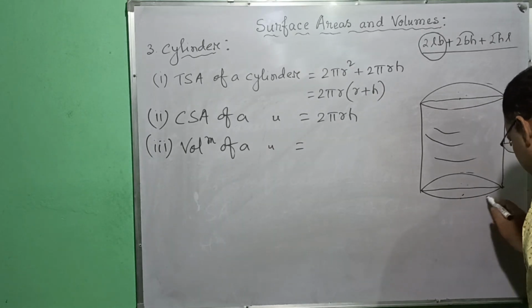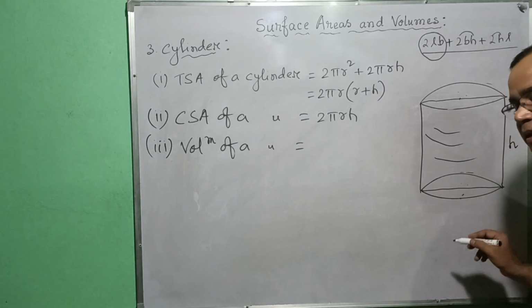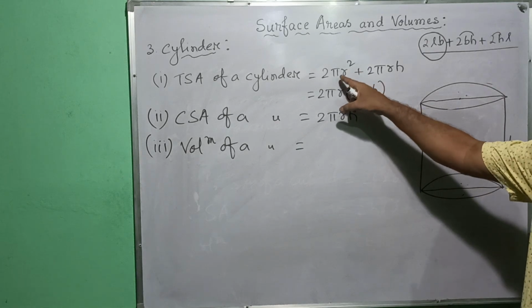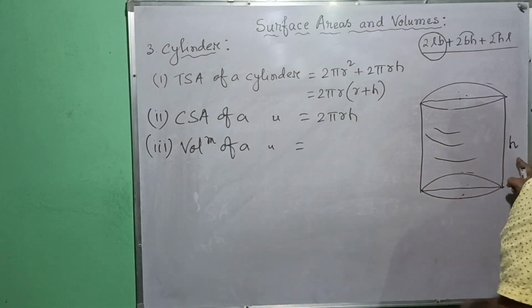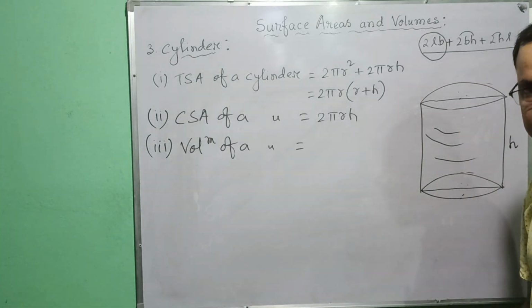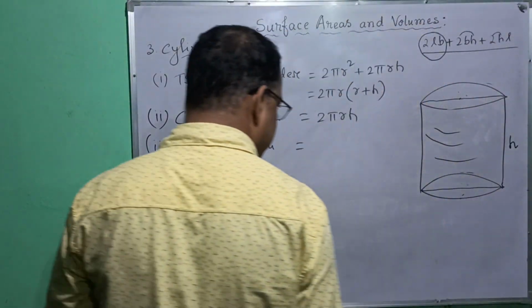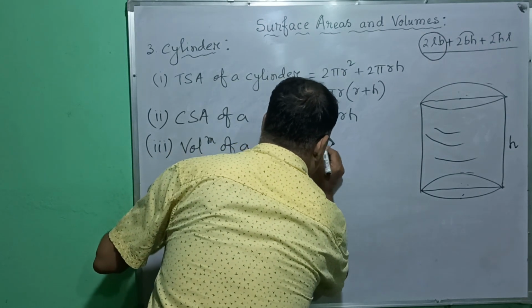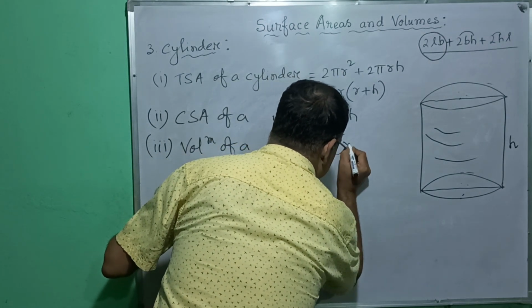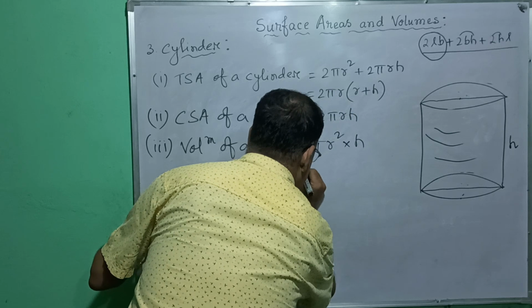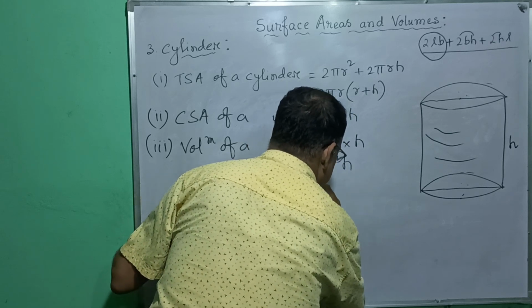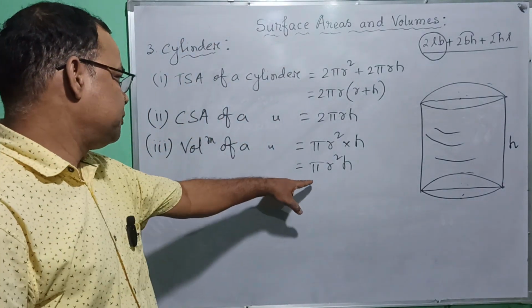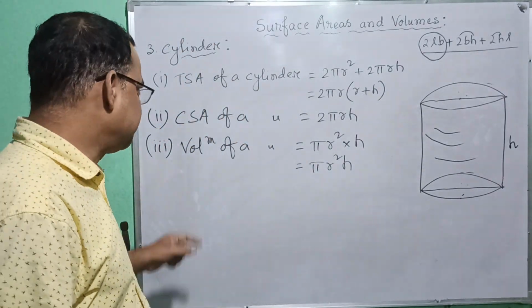So what is the area of this flat surface, this circular shape? It is pi r square. So we multiply pi r square with h to get the volume of a cylinder. So it is pi r square h. This is the formula of the volume of a cylinder.